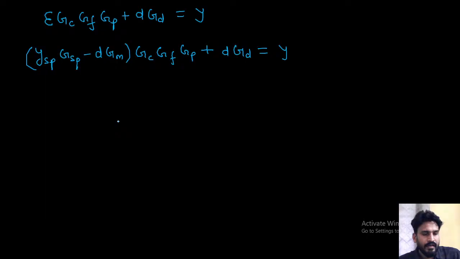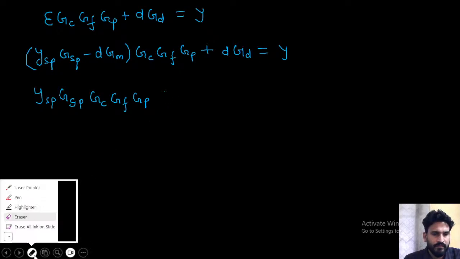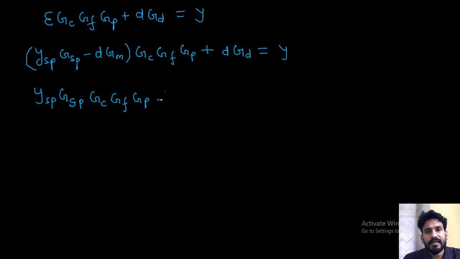Okay, it is clear. Now what we have to do, just open this bracket and write the required things: YSP GSP GC GF GP, minus D GM GC GF and GP.